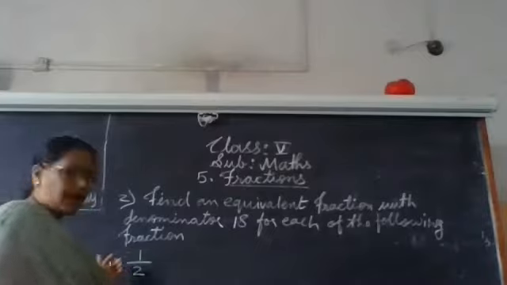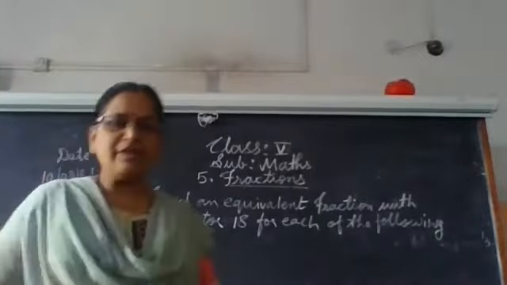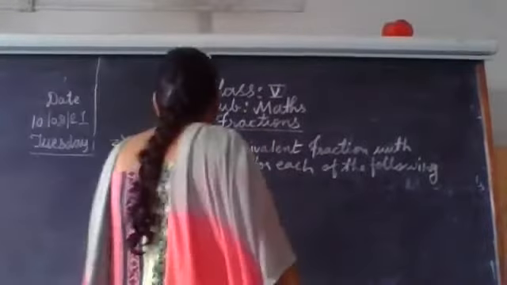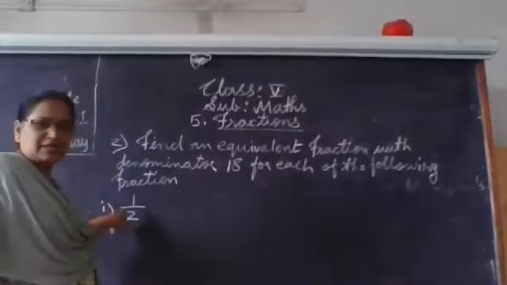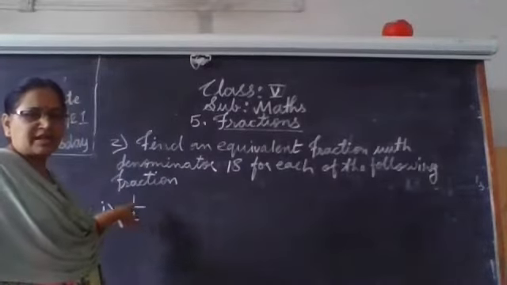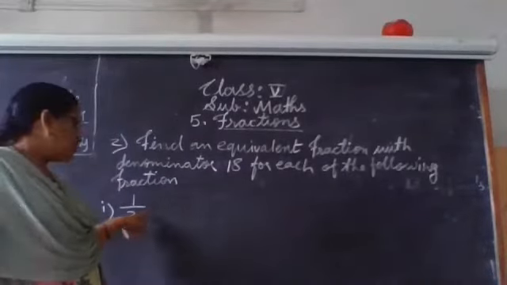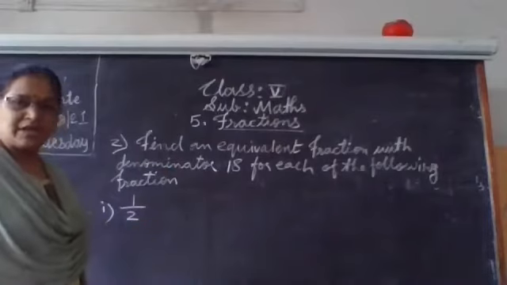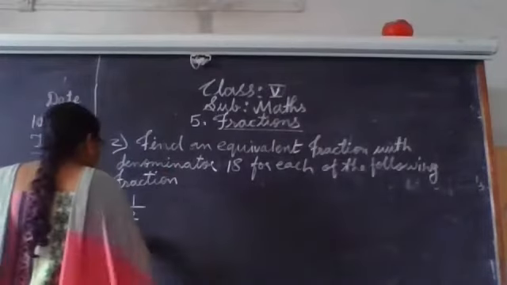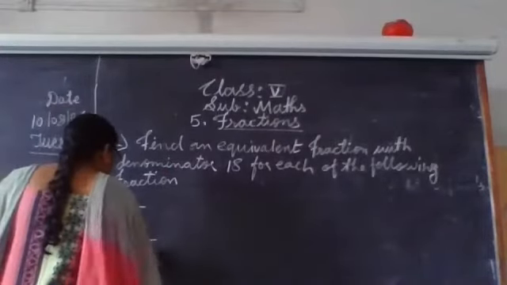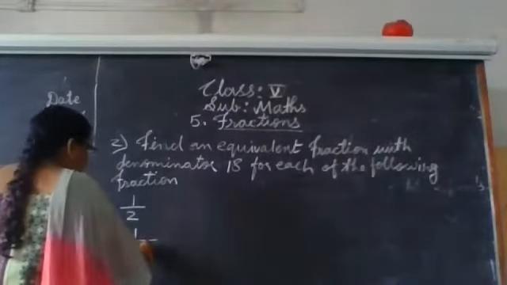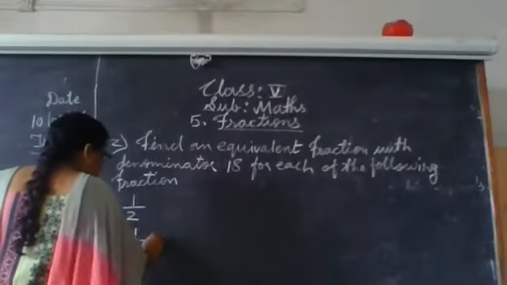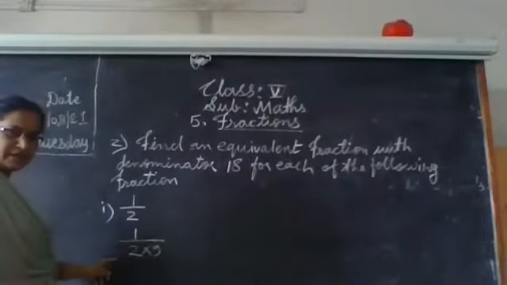Now see children, you have to find the equivalent fraction of 1 upon 2. But what is given in the question? Denominator is 18. So you have to multiply this fraction in such a way that the denominator becomes 18. So to make 2 into 18, we have to multiply this denominator by 9. 9 twos are 18.